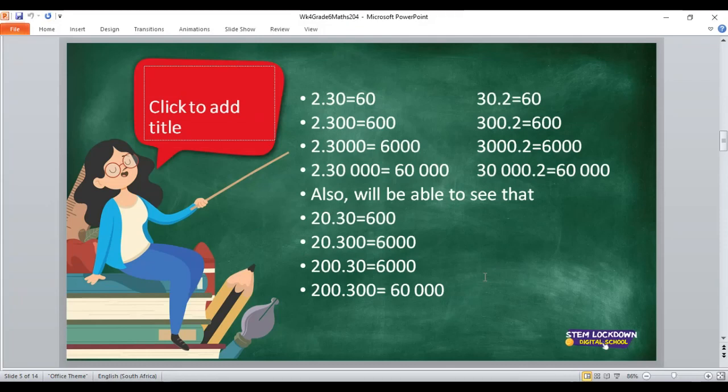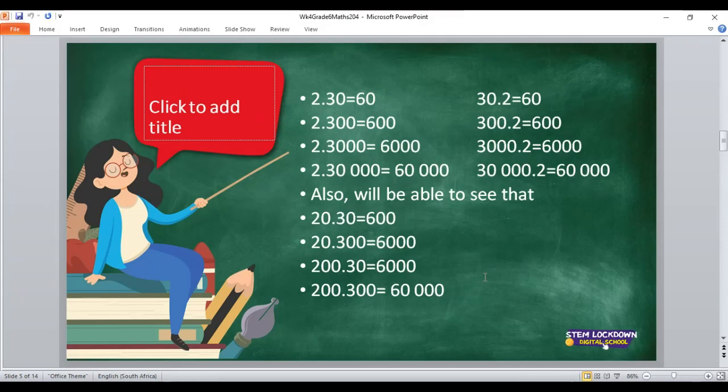Going to your thousands, 2 multiplied by 3,000 should be 6,000, and 3,000 multiplied by 2 should still be 6,000, because we are applying the commutative property of multiplication.